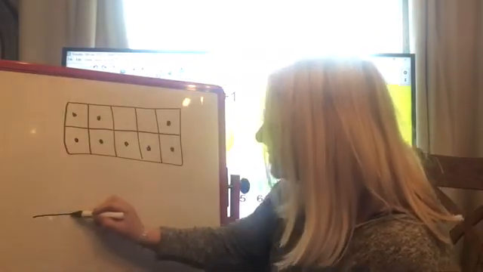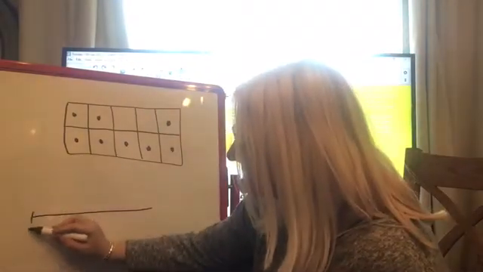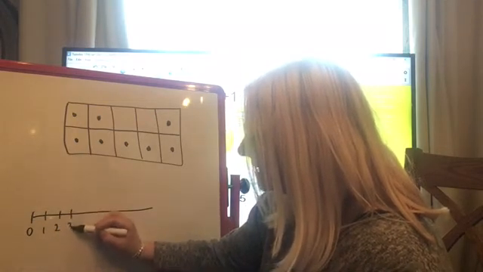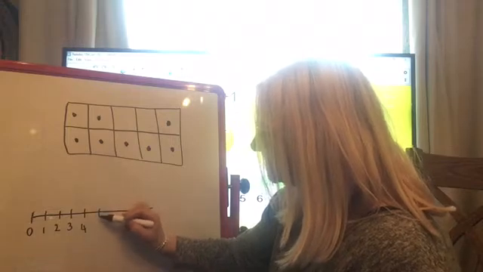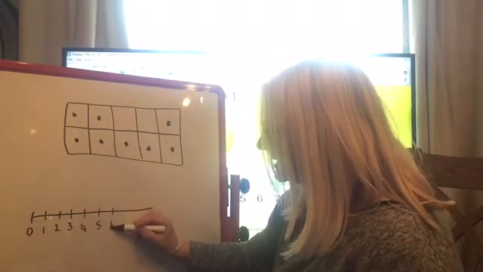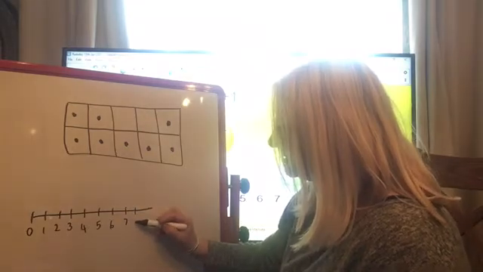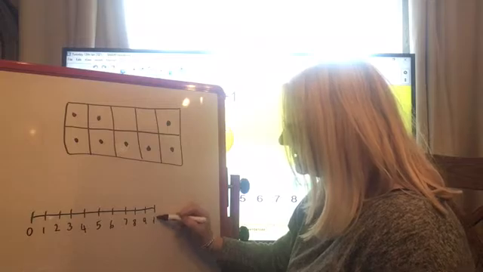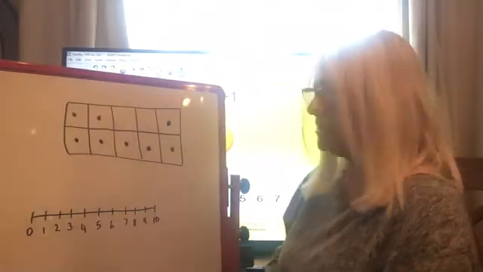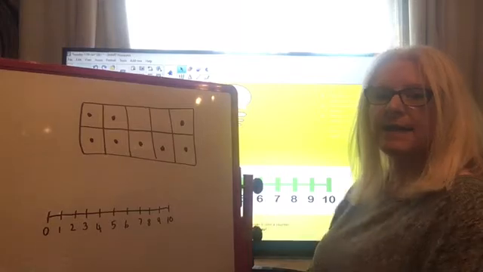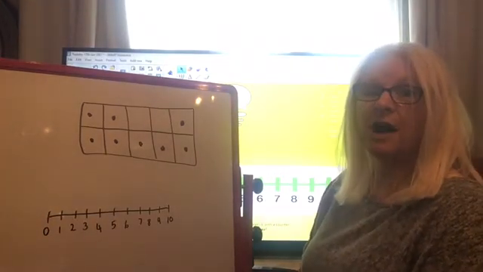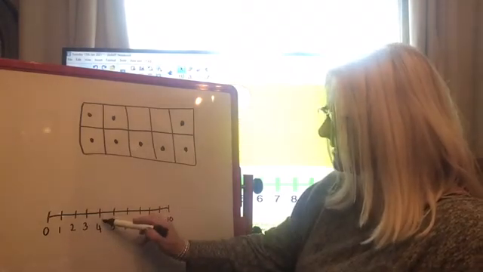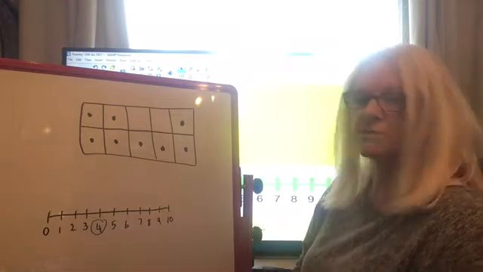You can draw a nice long number line, and you can have 0 at this end, and then you can have 1, 2, 3, 4, 5, 6, 7, 8, 9 and 10.